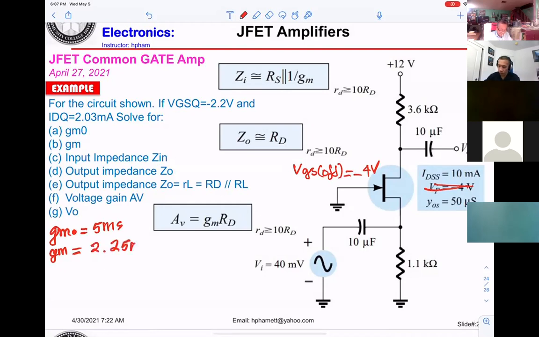So that's the same as gm. Then Av... 2 divided by 4... plus 4. Oh, negative.